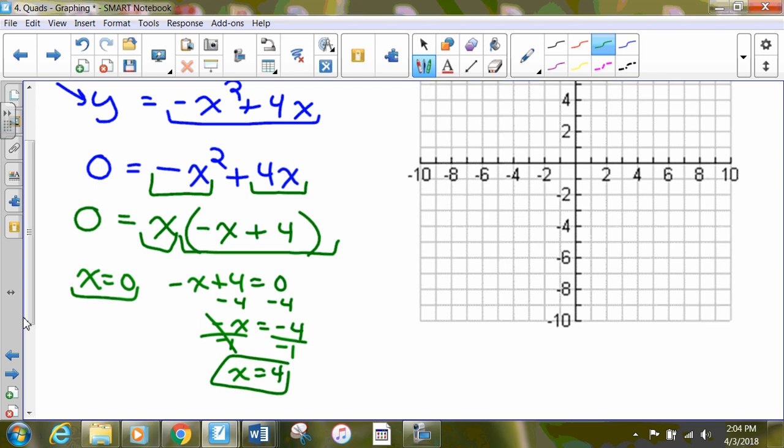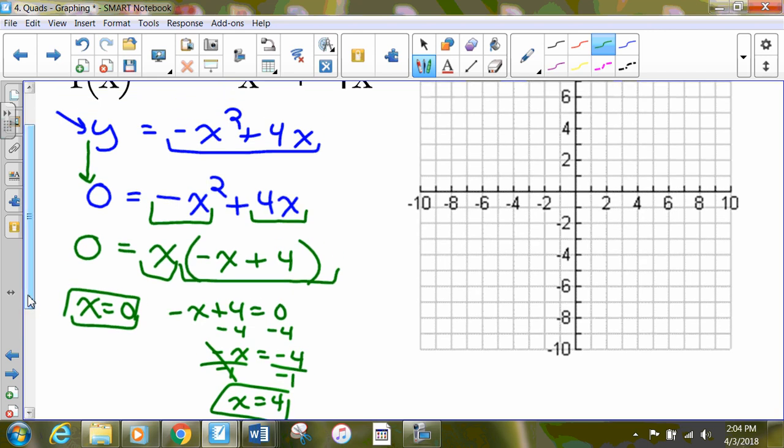So what we did was we took our original equation and we plugged in 0 for y, because we purposely did that so that we could find where our x-intercepts are. So we already know 2 points. We know there's a point where x is equal to 0, and there's a point where x is equal to 4.